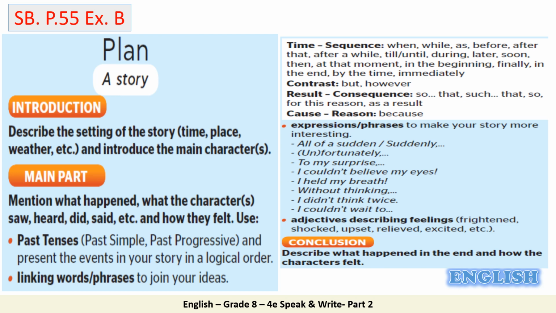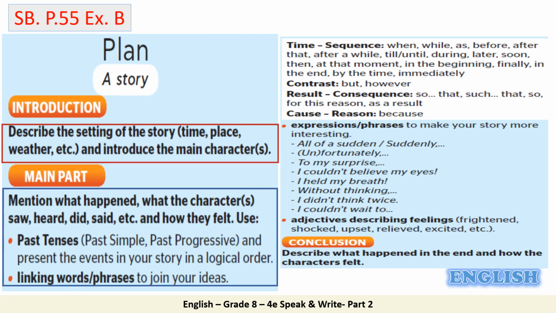The main part is the second paragraph. In the second paragraph, you should mention more specific details. Mention what happened, what the characters saw, heard, did, said, etc. And of course, don't forget to express their feelings and how they felt.